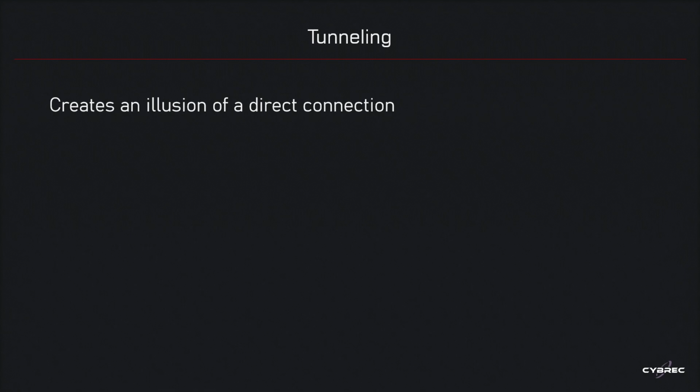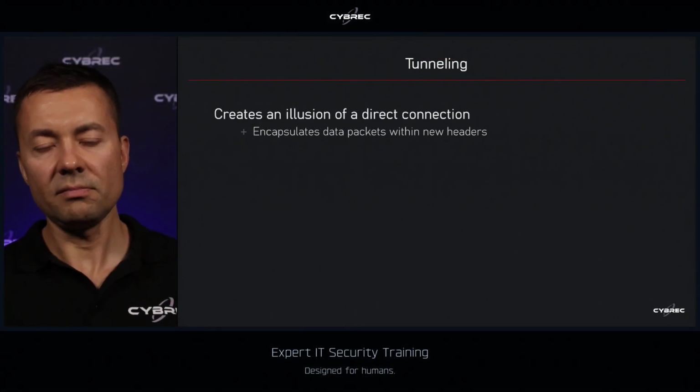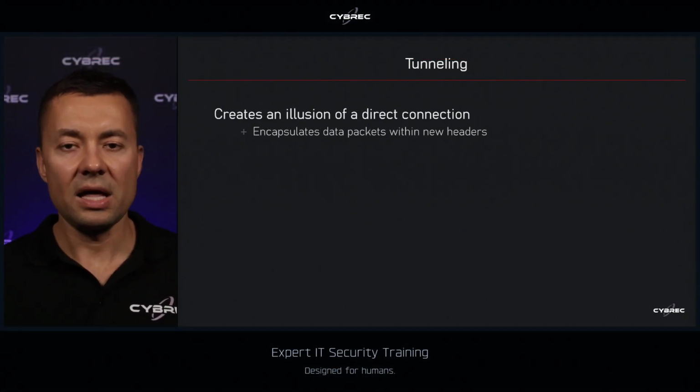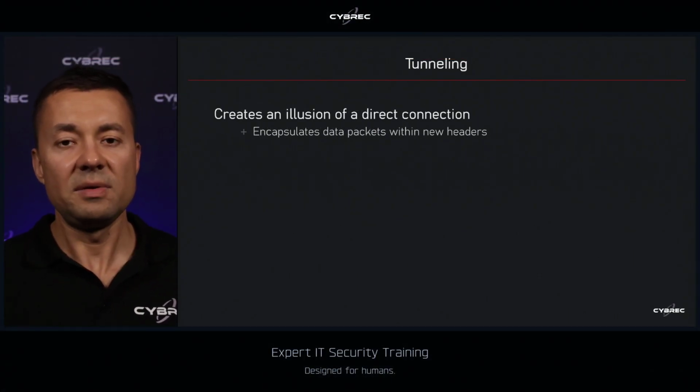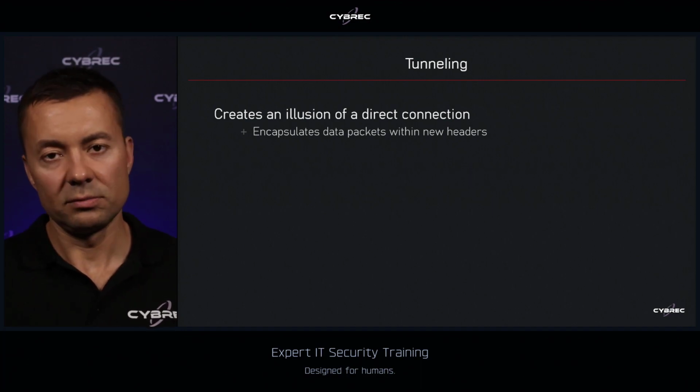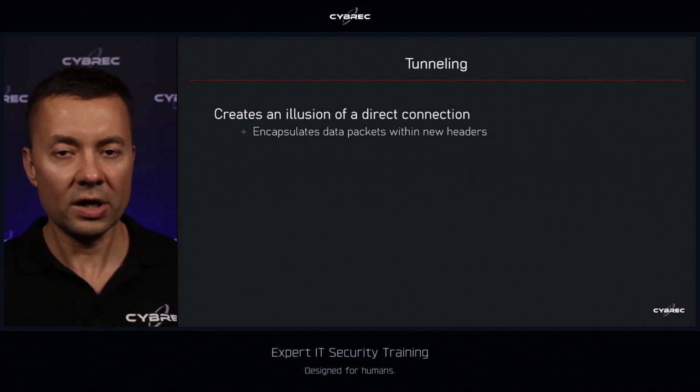Now, let's also talk about the specific feature that allows a VPN to function, that is known as tunneling. Tunneling is what allows VPN technology to work.